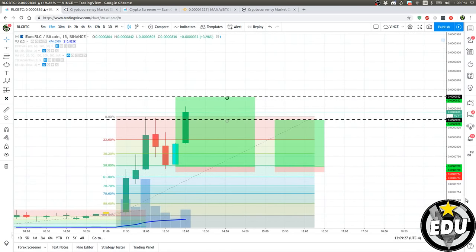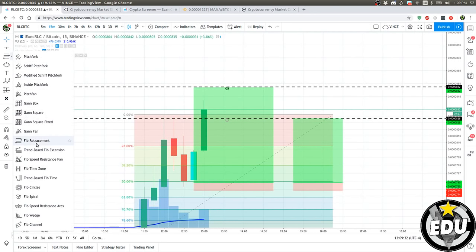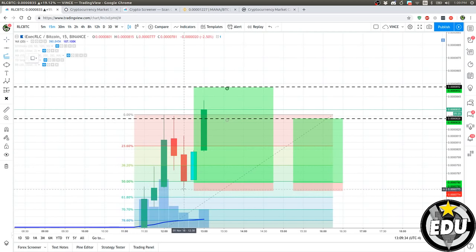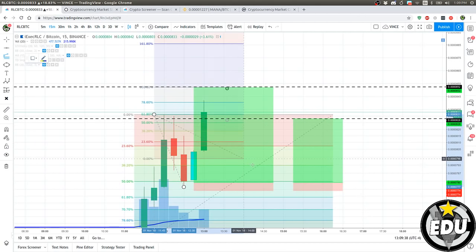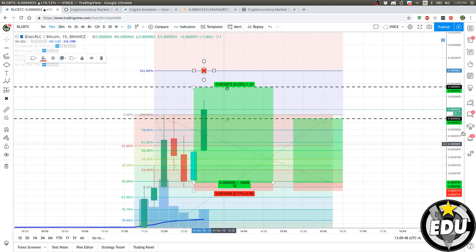target that I would aim for, I would trace my Fibonacci extension that I do from the lowest to the top, and I will aim for 160. That could be a short-term target based just on this little idea that I have.